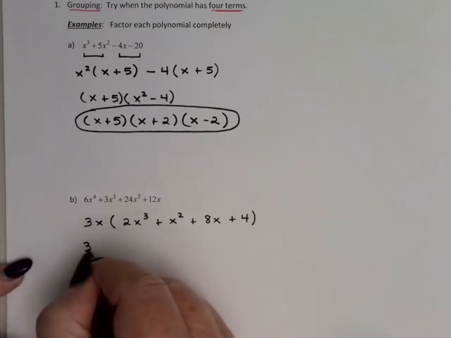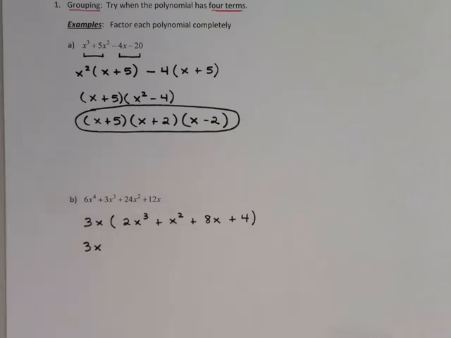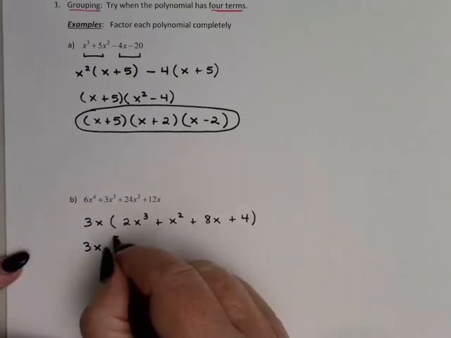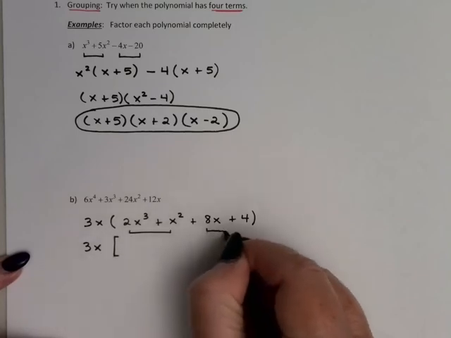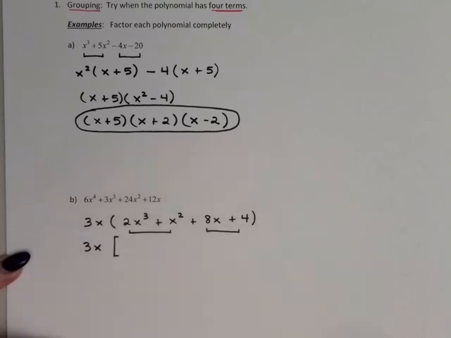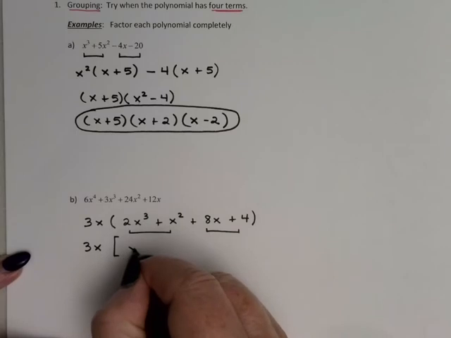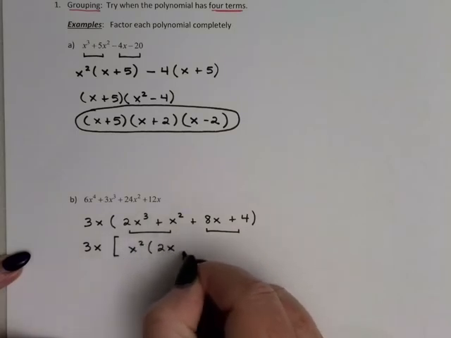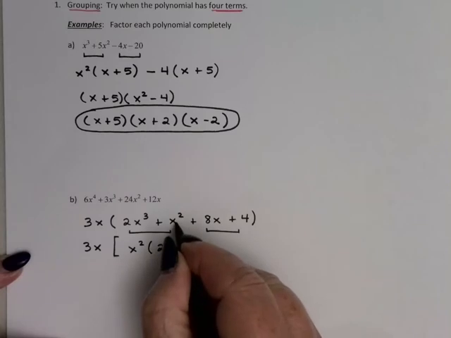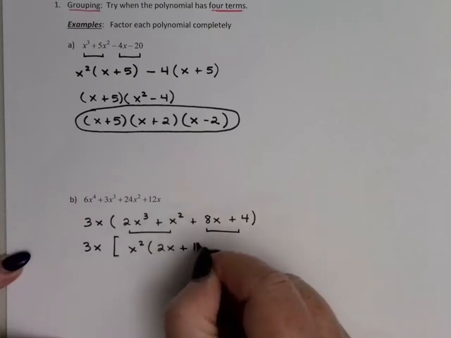Now this 3x is just going to continue to be brought down. It's that GCF, it's part of the factored form. But within my parentheses, I'm going to make them brackets now, I'll factor by grouping. In the first group, I can factor out an x squared. That gives me 2x plus 1, since x squared divided by x squared is 1.